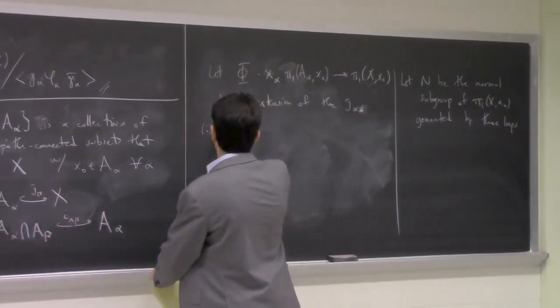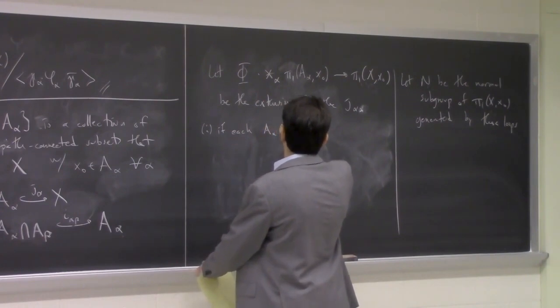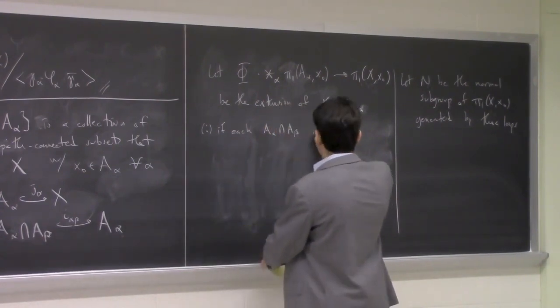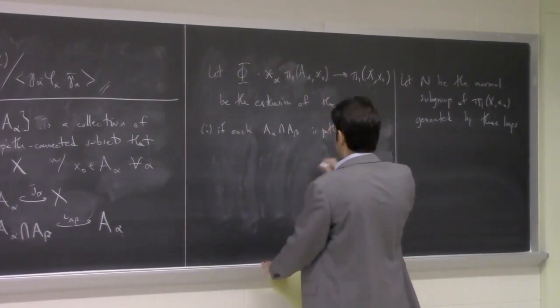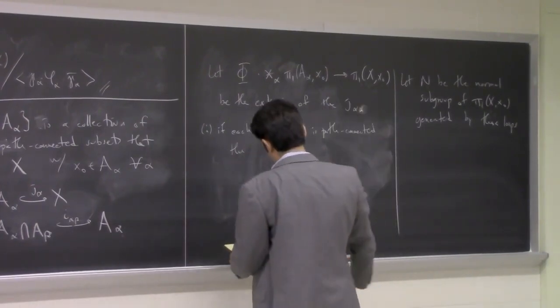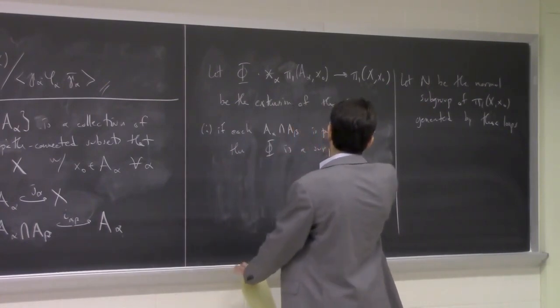So first, if each pairwise intersection is path connected, then phi is a surjection.